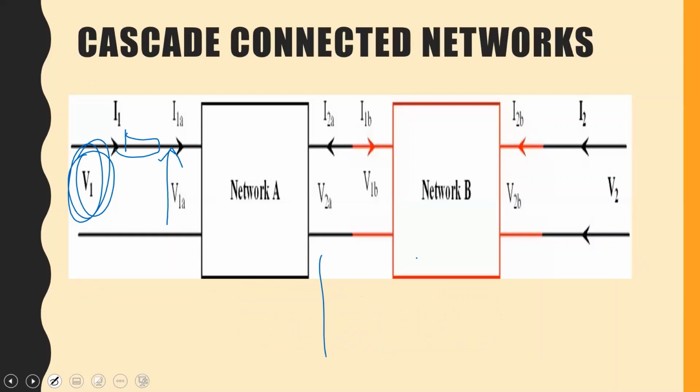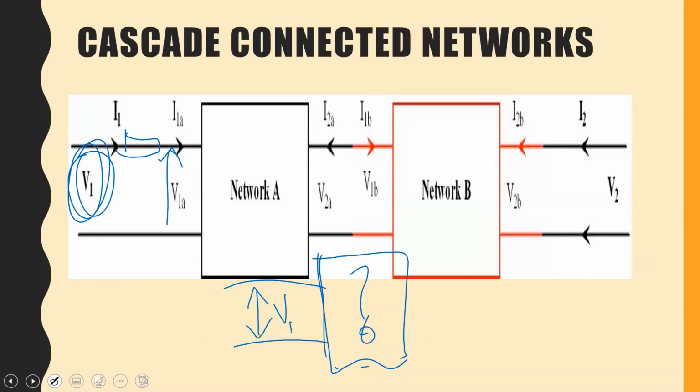The black box is here. Inside here, you have a combination of networks. Out here, this is V1. If you want to connect 1 million resistors out here, it doesn't matter. V1 is the voltage at the input of the port.